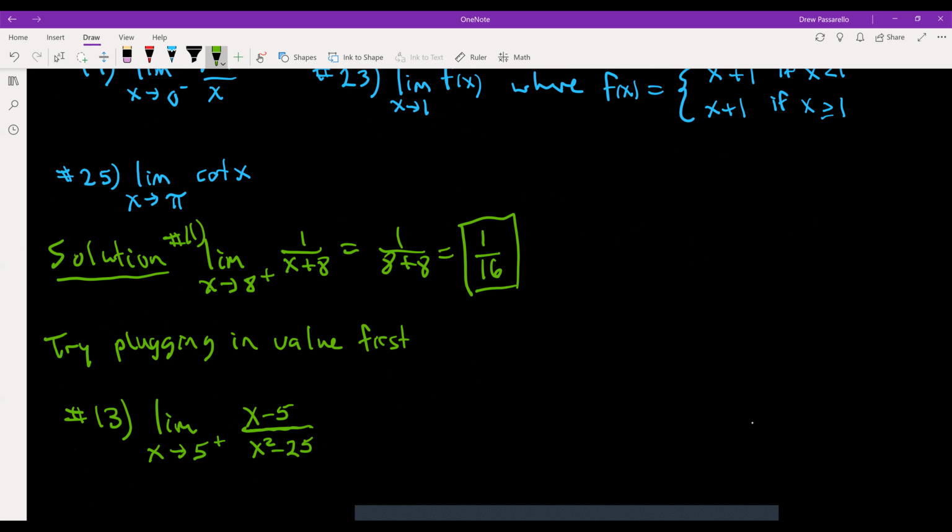All right, so if you plug in 5, this will give you 5 minus 5 over 5 squared minus 25. It's going to give you 0 over 0, an indeterminate form, when you plug in 5.